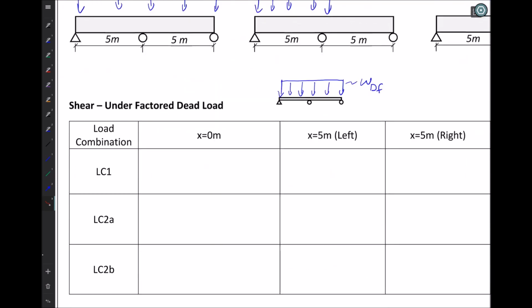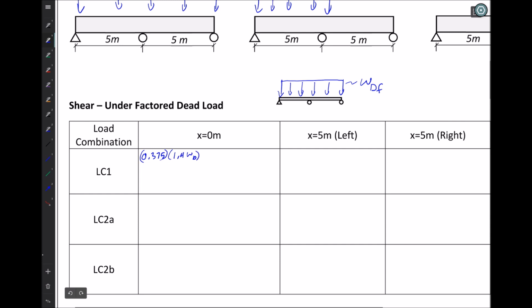Looking at load combination 1, I am going to take the magnitude of that coefficient at the x equals 0 location, which was 0.375, and I'm going to multiply it by 1.4 W dead.